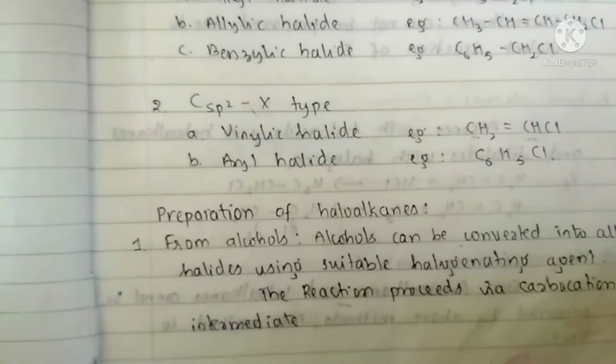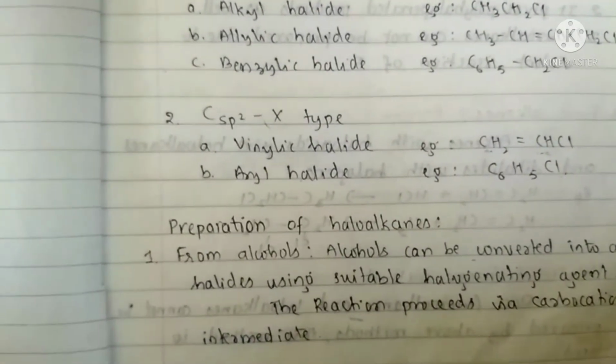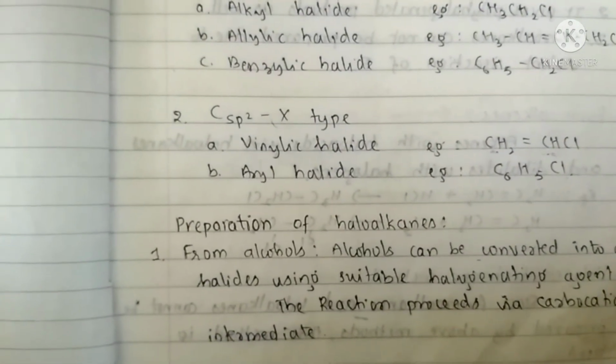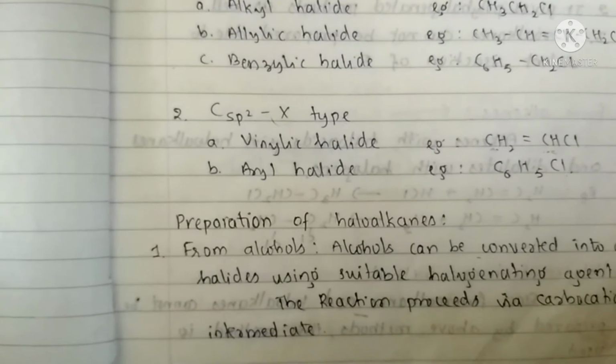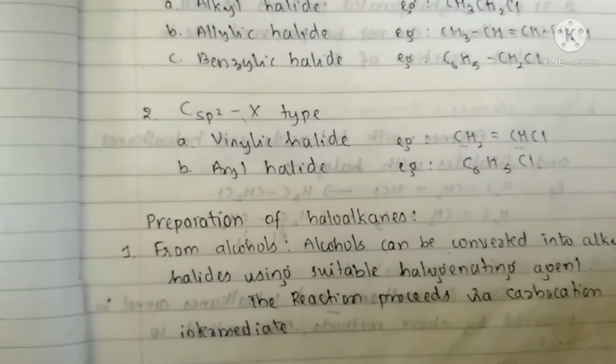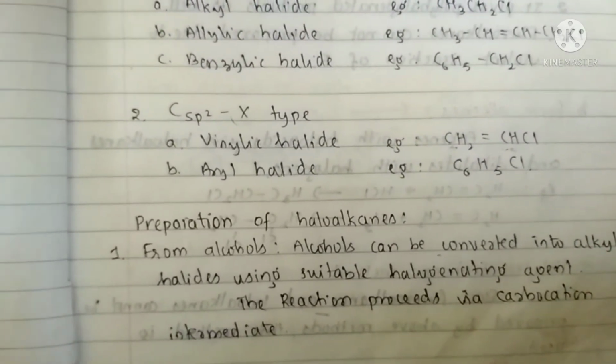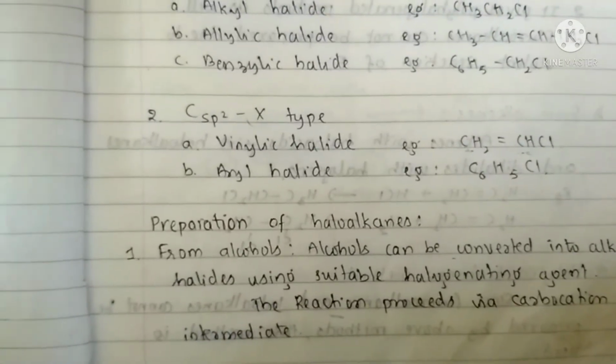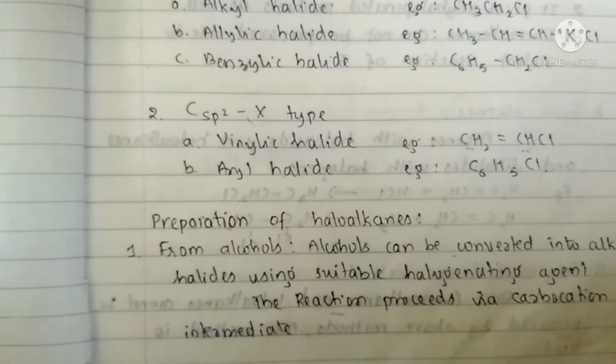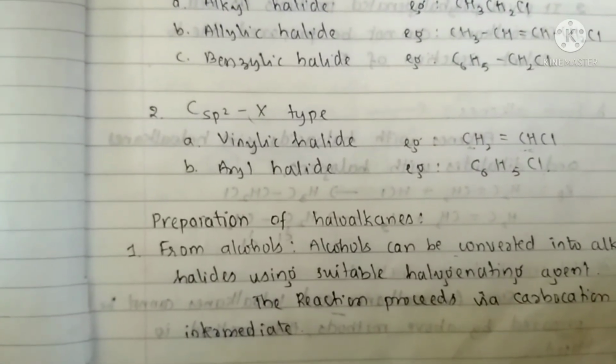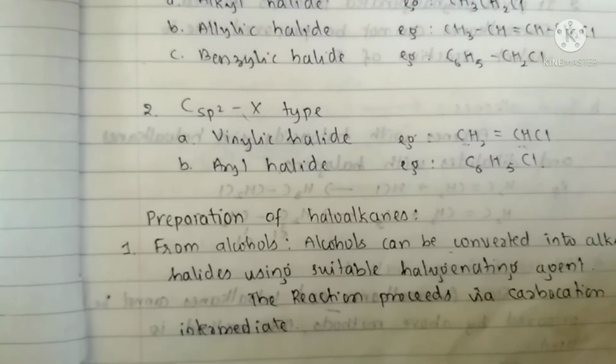Once we know the classification of haloalkanes and haloarenes, we are ready to understand how to prepare or synthesize them. First, let us understand the preparation of haloalkanes in detail. Then we will move forward to discuss the preparation of haloarenes.